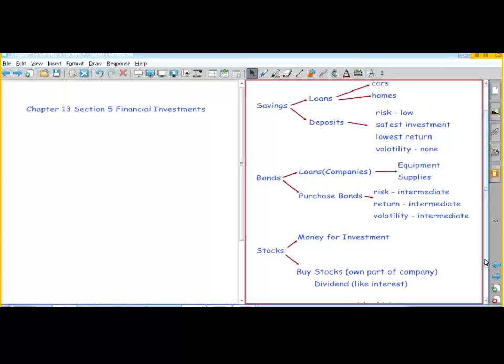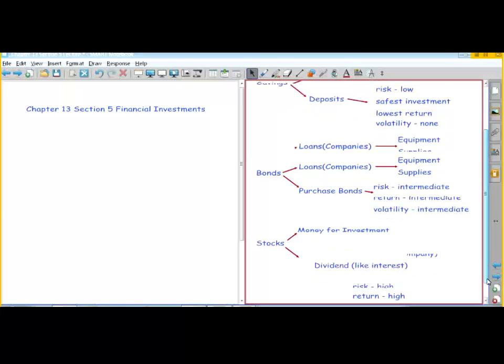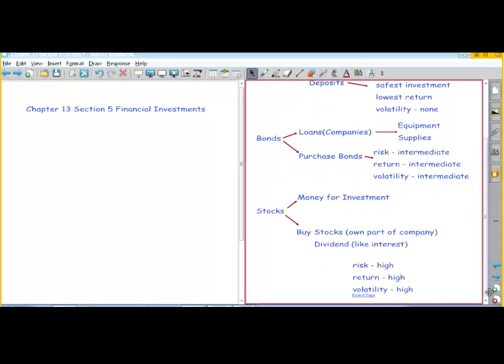You get a higher chance of that happening. And so typically your return for stocks is the highest, but it also has the highest risk. And as you know, if you watch the news, it can go up and down very quickly.